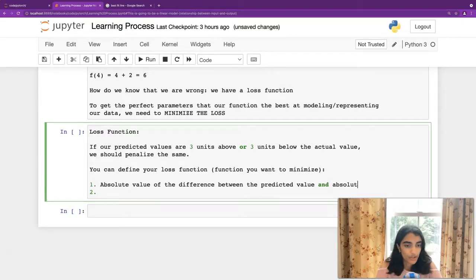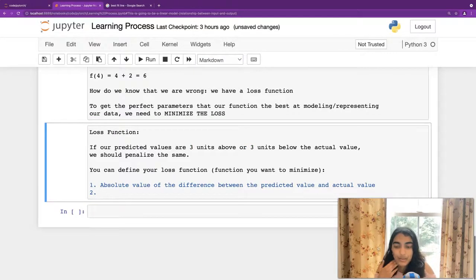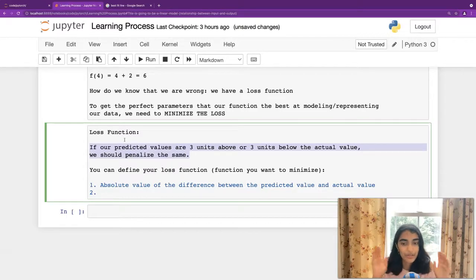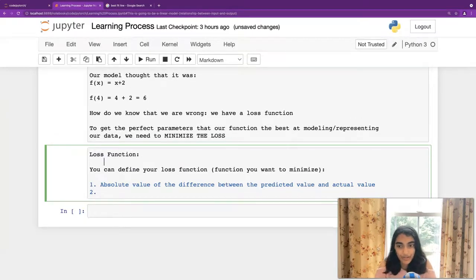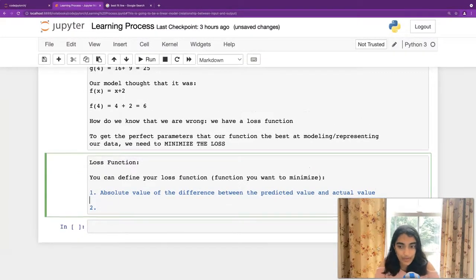That tells you how far you're off. And the reason why we take the absolute value is because it doesn't matter whether it's -3 or +3. When you take the absolute value, you look at it the same way. So let me put that under the absolute value section.